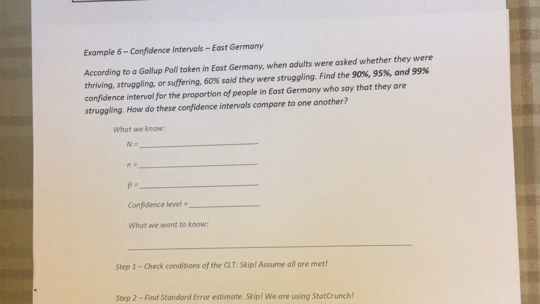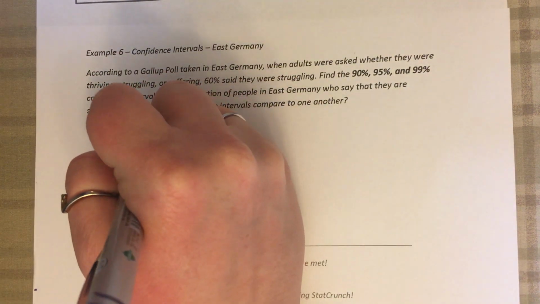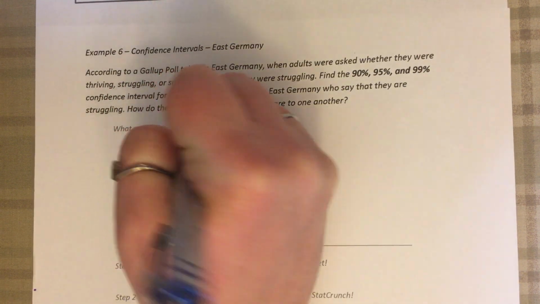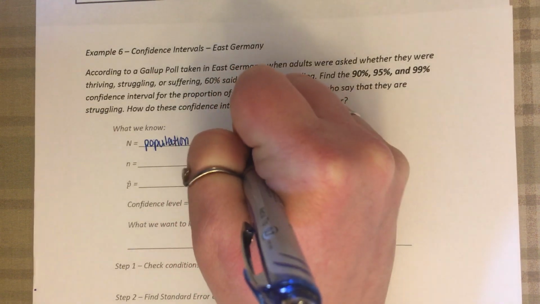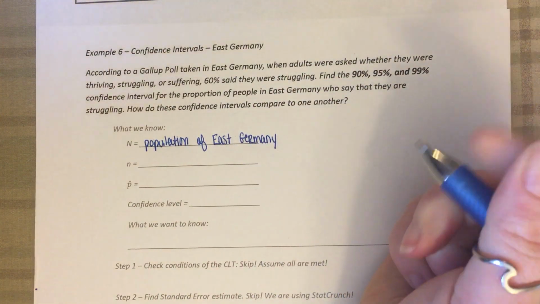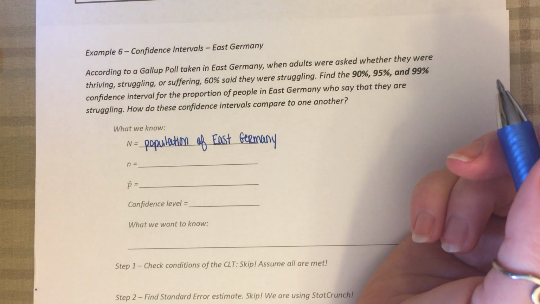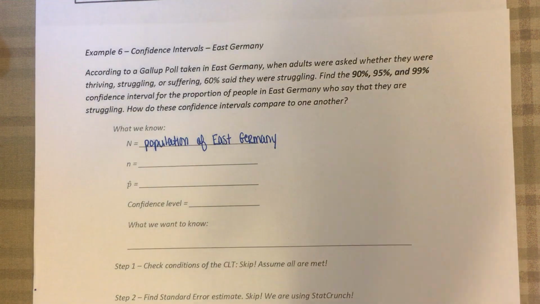Right, so we're still going to start by making a list of what we know. Our capital N, our population, is the population of East Germany. Our lowercase n is our sample size.